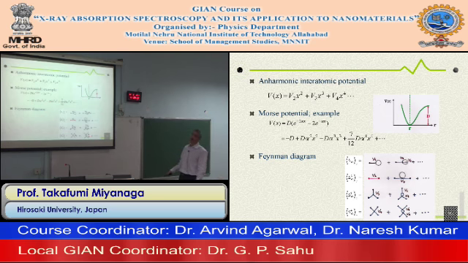So usually we use just the lowest orders. This is very simple. The second order cumulant is equal to the second order coefficient. The third order cumulant is equal to the third order potential. The fourth order is also equal to the fourth order.